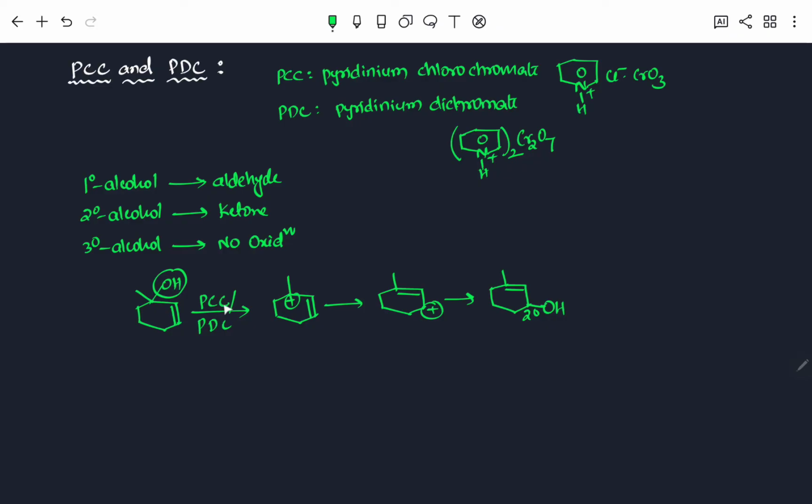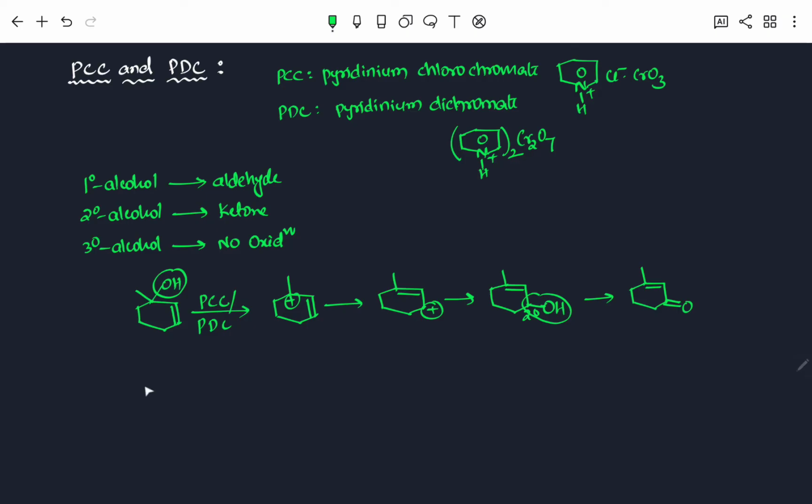So in the presence of PCC or PDC, the alcohol can undergo isomerization. The tertiary alcohol undergoes isomerization and converts into secondary alcohol through the SN1 mechanism, and this secondary alcohol undergoes oxidation. It is the final answer.